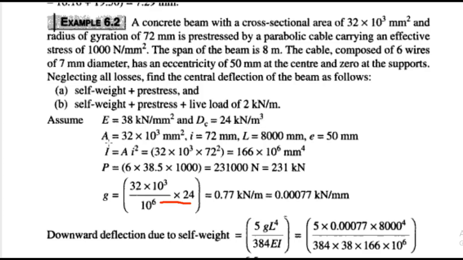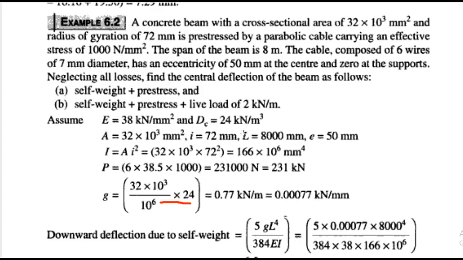Area of the concrete cross section A equal to 32 into 10 to the power of 3 mm square, and radius of gyration i equal to 72 mm.